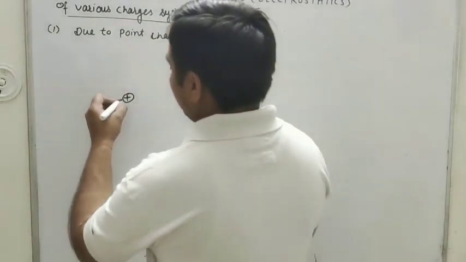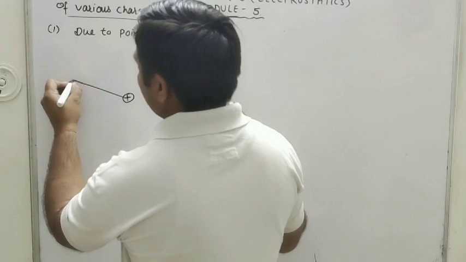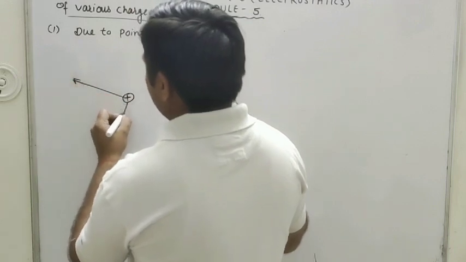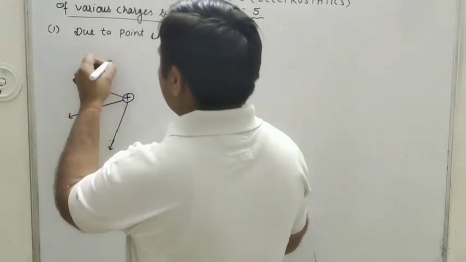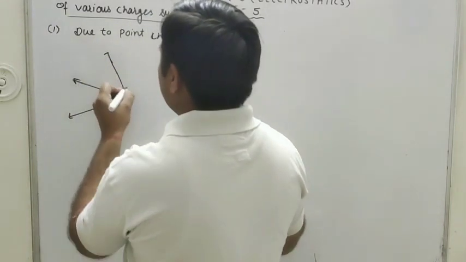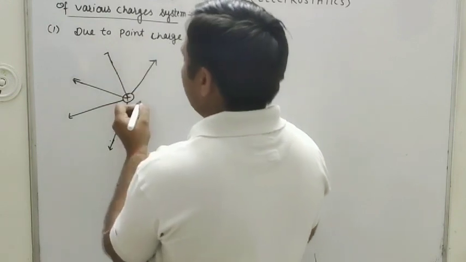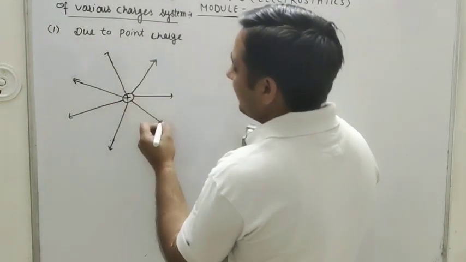So these are the electric field lines in various directions.